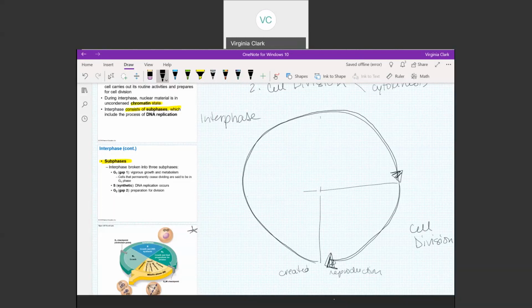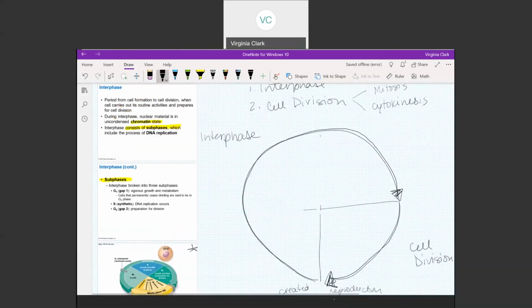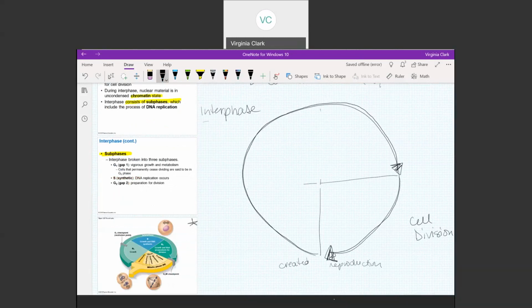Now we said that our interphase has subphases. So now we're going to break down our interphase into those subphases. Your interphase is going to have 3 subphases. This first part is going to be called G1, otherwise known as the GAP1 subphase. And this is where you are going to have regular cell metabolism.